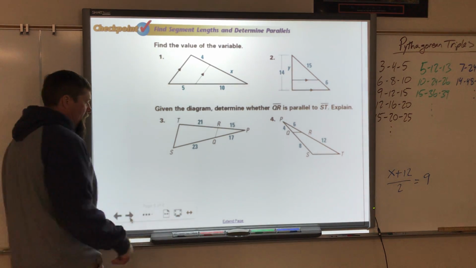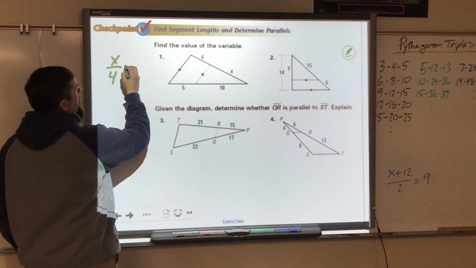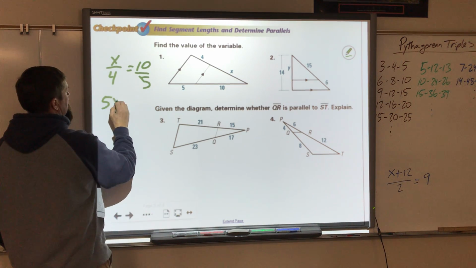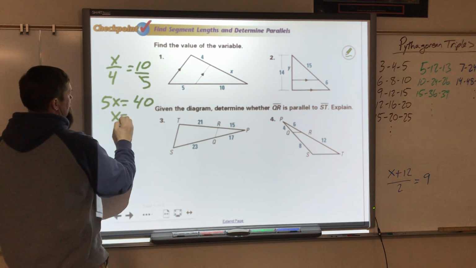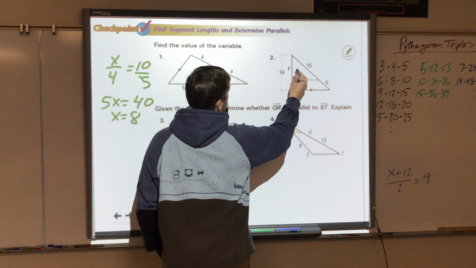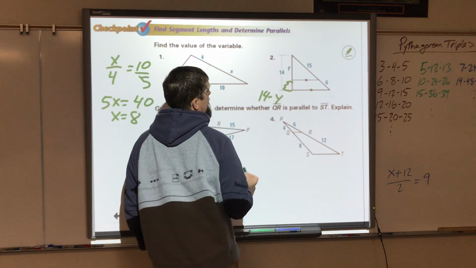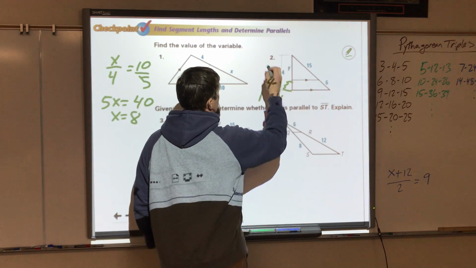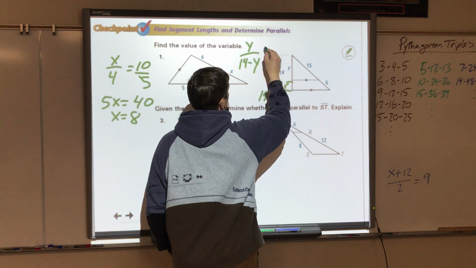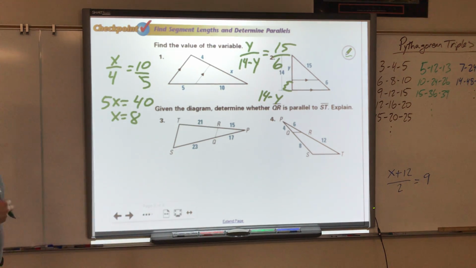Okay, welcome back. Let's check this out. We know that x would have to compare to 4 as 10 compares to 5. So that's 5x equals 40, or x is equal to 8. This one, be tricky here. This side right here is 14 minus y. So y compares to 14 minus y as 15 compares to 6. You've got to be careful there.